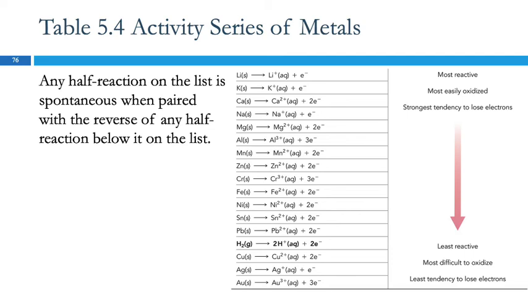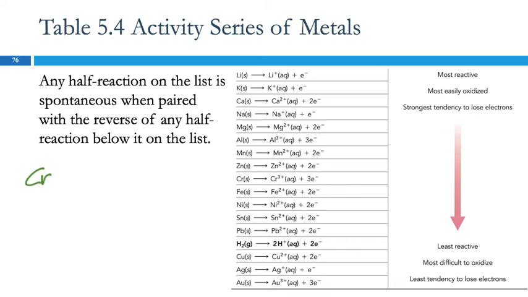So that might increase his desirability. I don't know. So lithium is the coolest guy, right? And gold down here, gold is just a big old nerd, right? So we could predict what's going to happen.